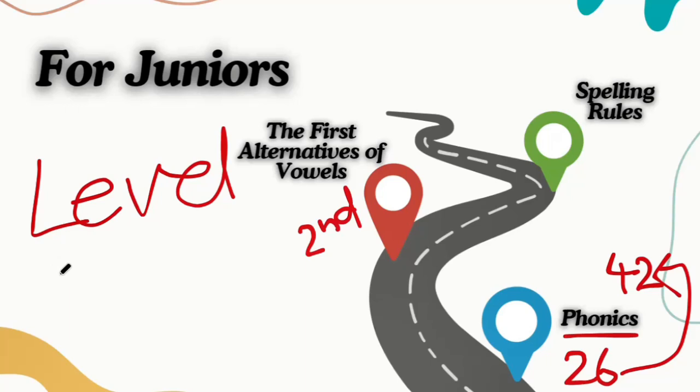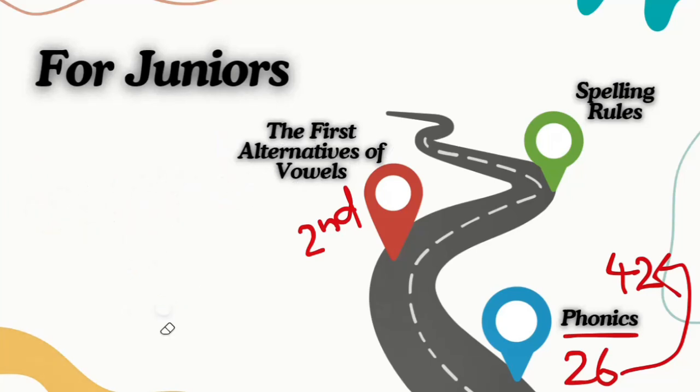Okay, so you can also go with my spelling rules book. That's a workbook for kids for level 1, where we teach the alternatives for the first time along with other spelling rules. Got it? So the first step is teaching the 42 sounds. Second is the first alternatives of vowels.